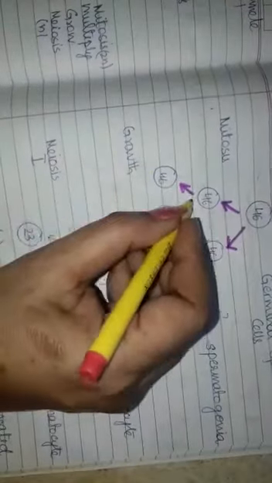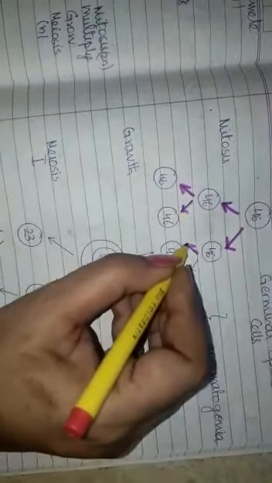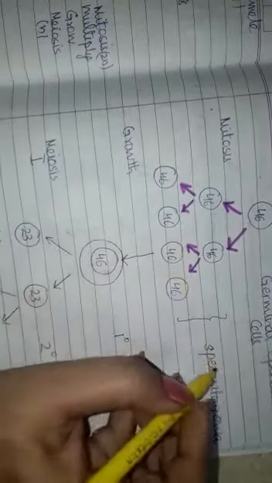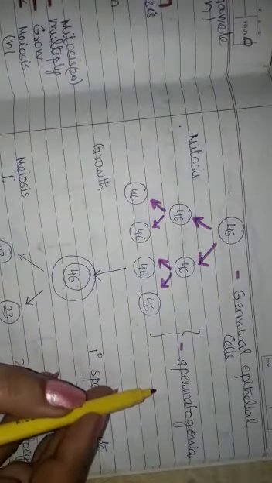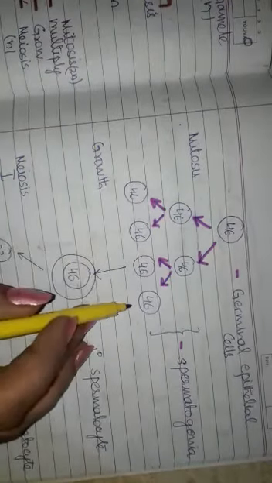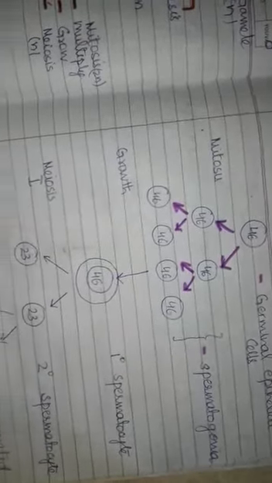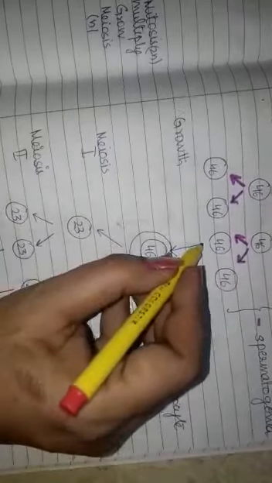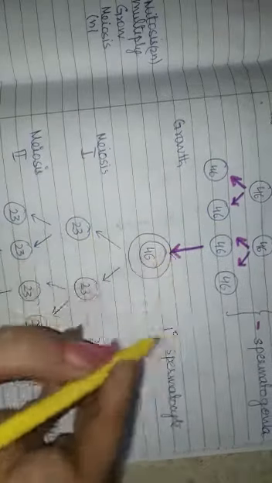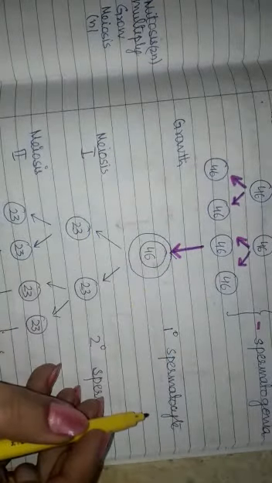Then came the growth phase: spermatogonia enlarge in size, they grow and become primary spermatocytes.